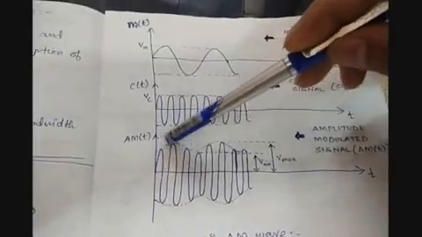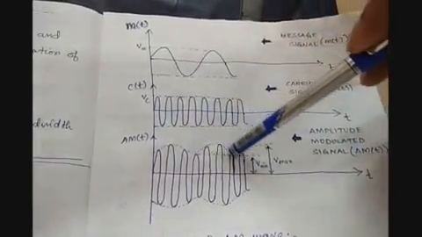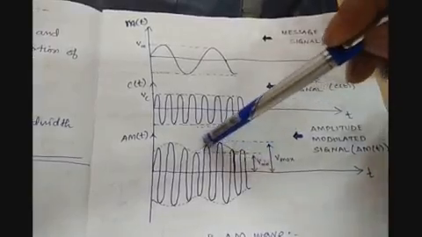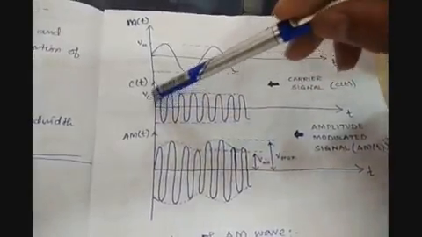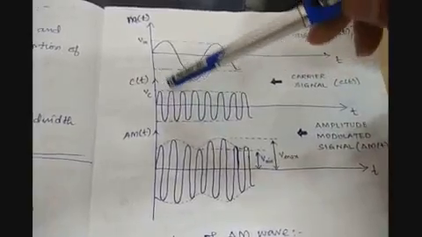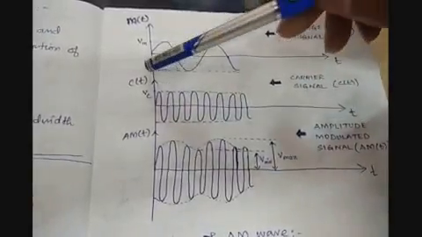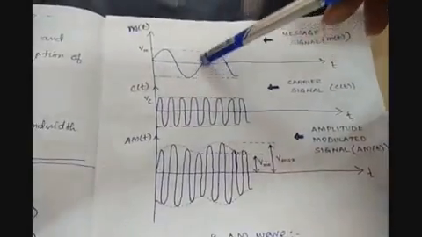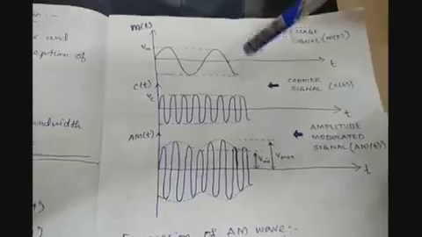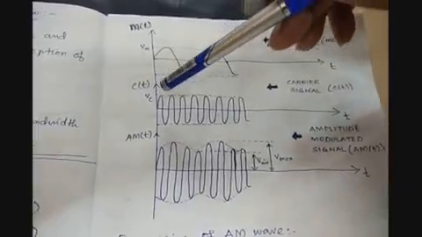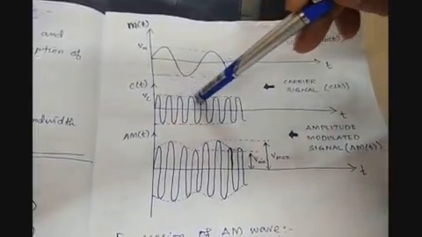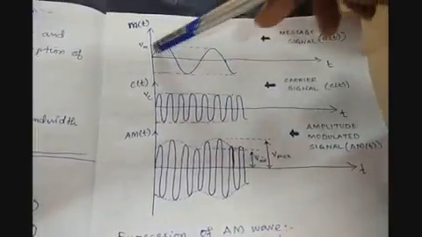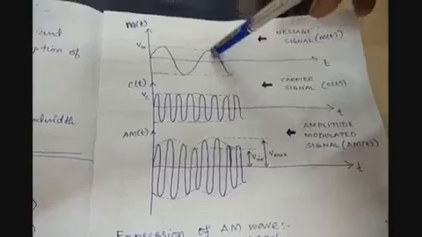So if I place the message signal variations like this, then the carrier amplitude will vary with respect to the instantaneous values of the message signal. That is the definition of AM. AM definition is varying the amplitude of the carrier signal with respect to the instantaneous values of the message, right?